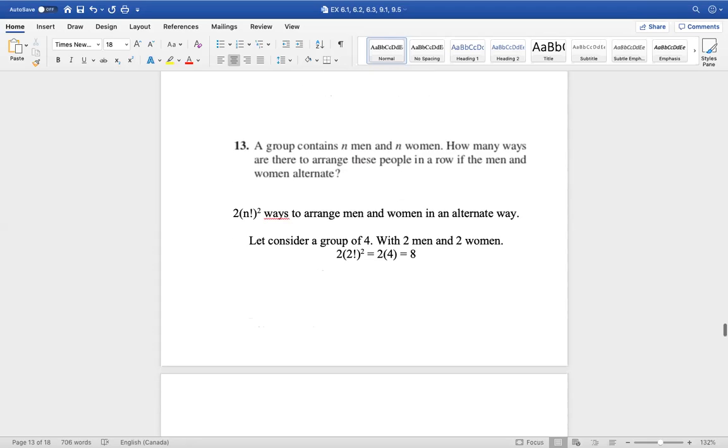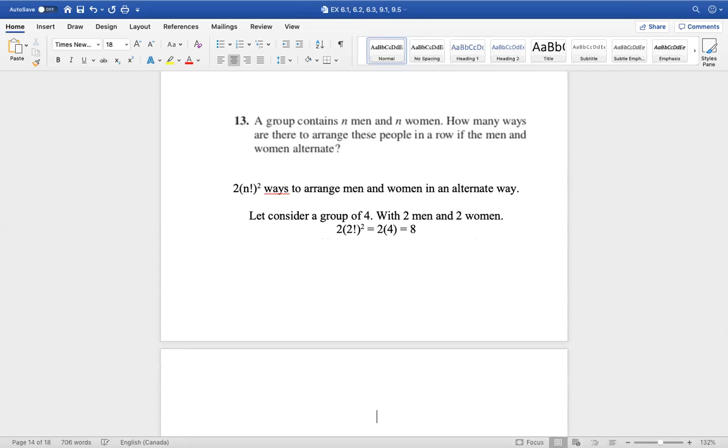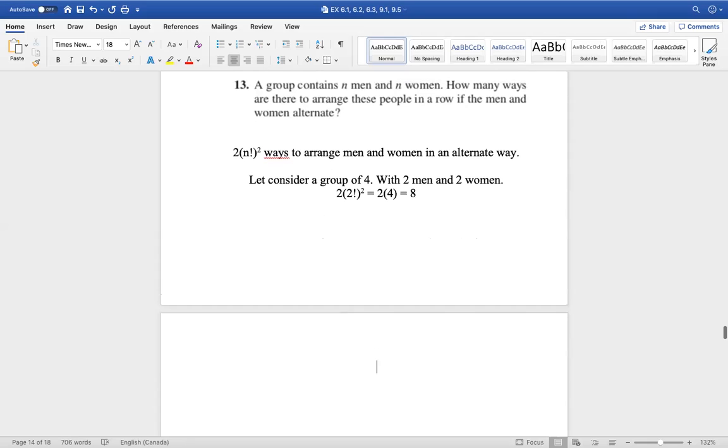What could be those 8 ways? For example, the first man followed by a woman, then man two followed by the other woman. So this is one way. The other way will be man one followed by woman two, and then man two followed by woman one.